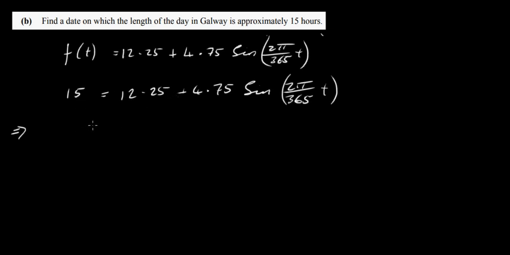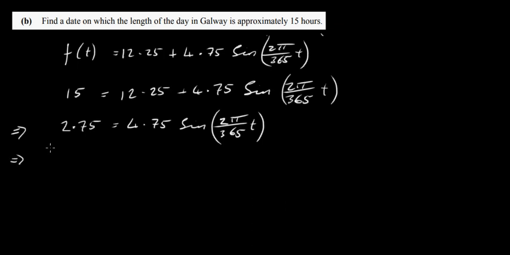So when you subtract that from both sides, you get 2.75 is equal to 4.75 sine 2 pi over 365 t. Next thing I'm going to do, get rid of this thing here, divide both sides by 4.75. That gives you 11 over 19 is equal to sine 2 pi over 365 times t.